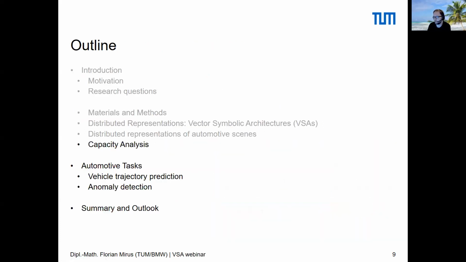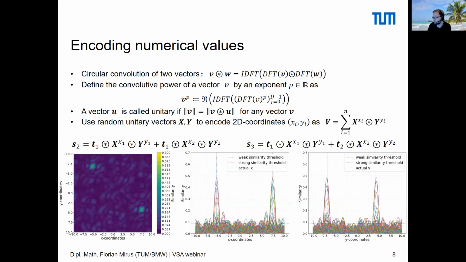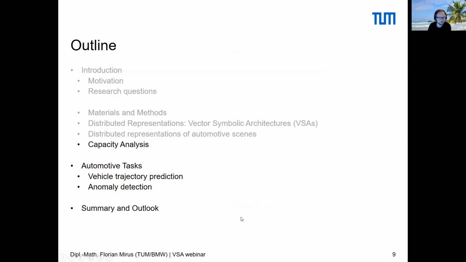So that's why I also looked at the capacity analysis here. I need to find bounds for how many objects can be encoded in this sort of representation before the similarity drops below a certain threshold where they cannot be distinguished anymore.